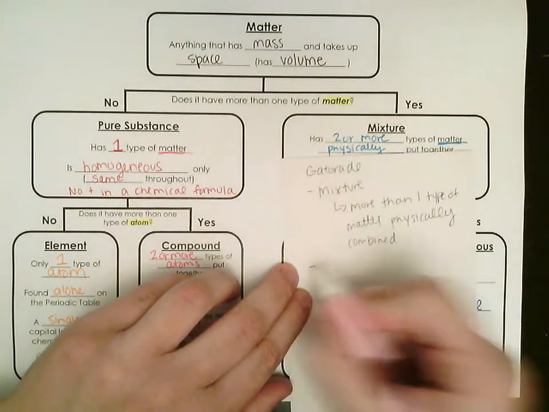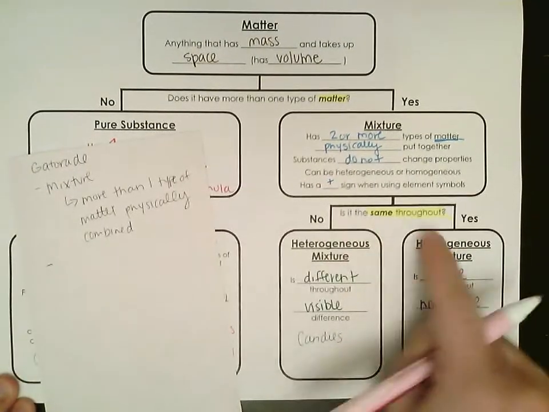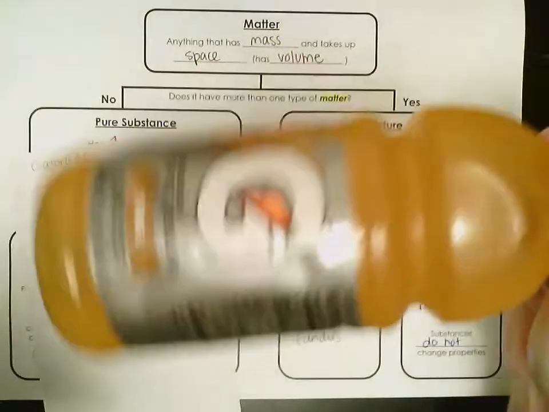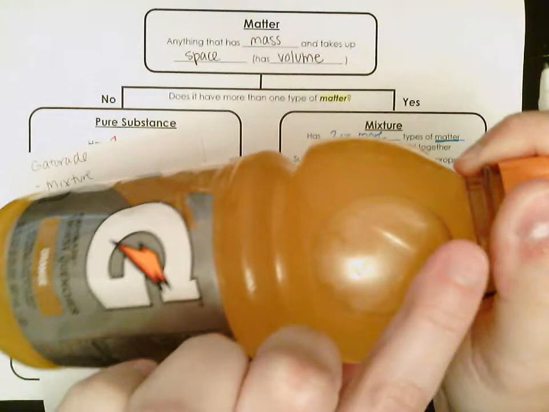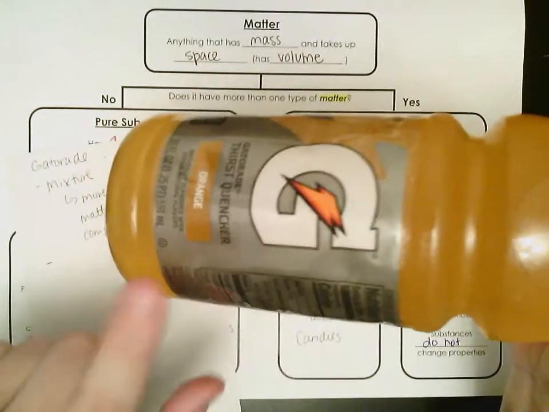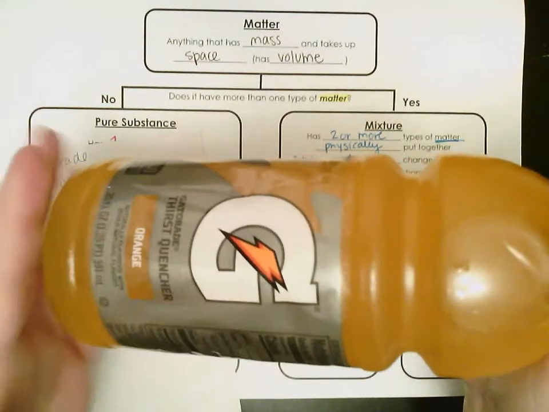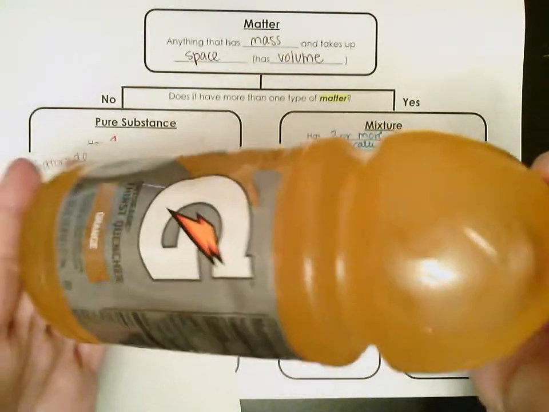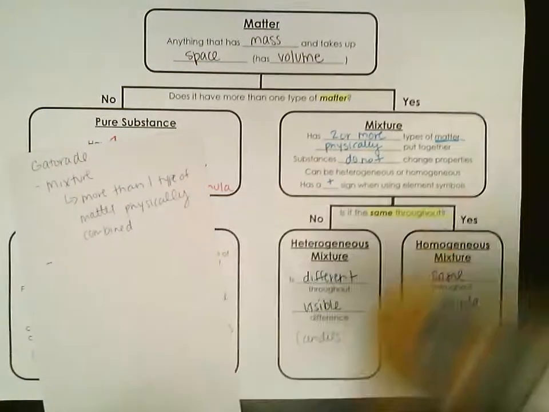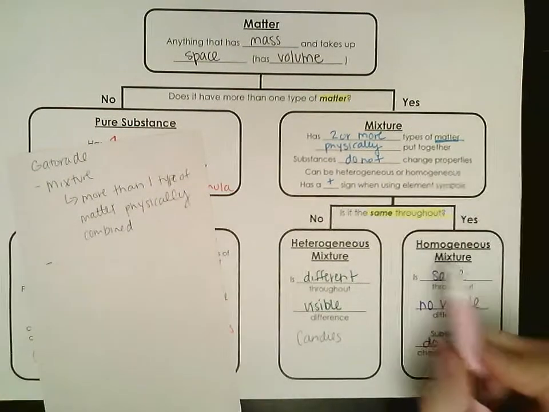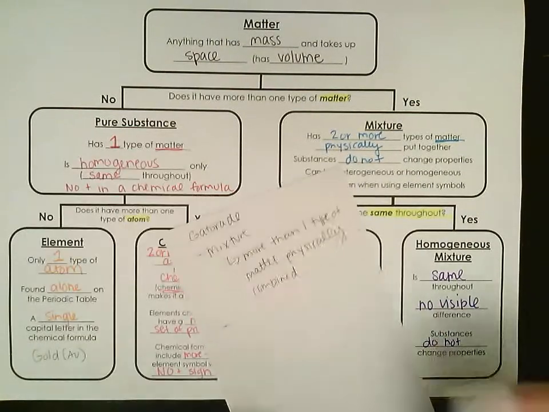So now my question is, is it the same throughout? Well, in theory, whatever you take a drink of up here should taste the same as whatever you take a drink of down here. It should be uniform. Lots of times that's what we'll also say when we mean same throughout. So yes, it is the same throughout. So that's going to be a homogeneous mixture.